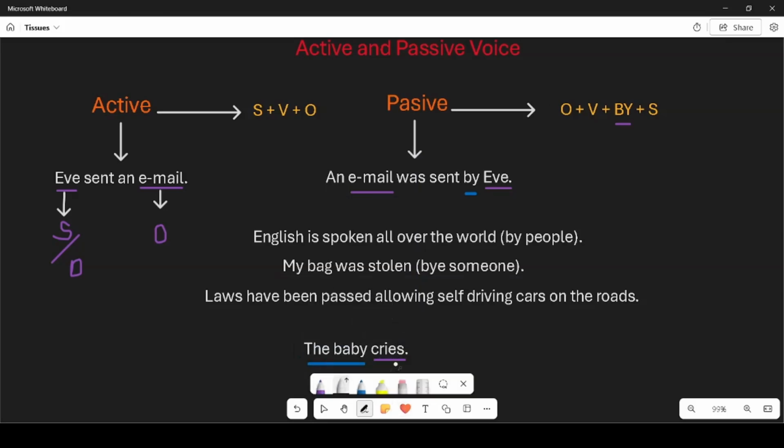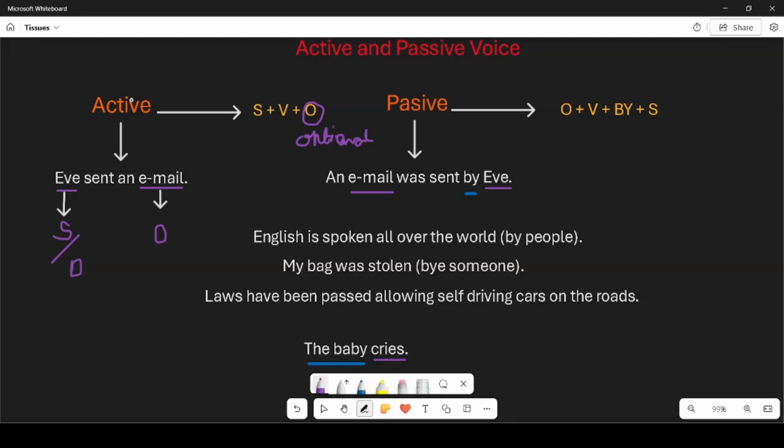This cannot be converted into passive voice because over here you can see that an object is compulsory. Well, in active voice the object is optional. But in passive voice it's compulsory because the object itself starts the sentence, right?